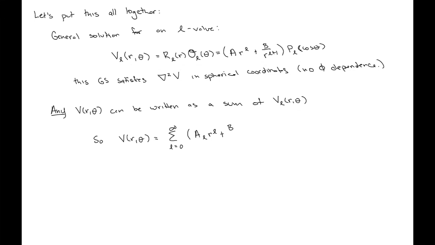So these B and A are going to have L dependence as well, because they change for different terms. And this again is our Legendre polynomial, evaluated at the cosine of theta.